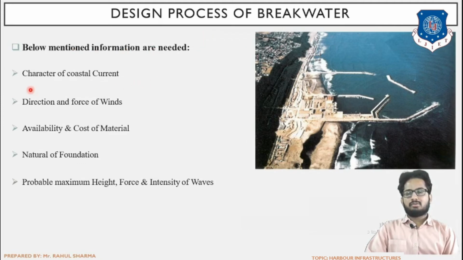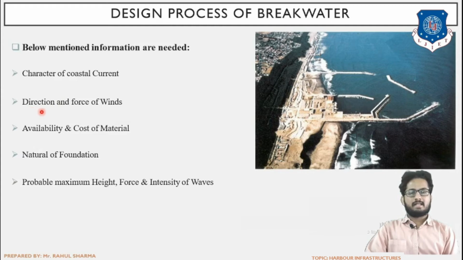That includes firstly the character of coastal currents. As we have to mitigate or reduce the effect, we need to know the characteristics of the coastal currents at that specific location. Then the direction and force of winds. As we know, the direction of wind is not steady, it will keep on moving.